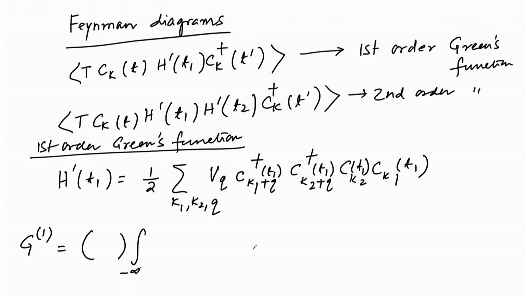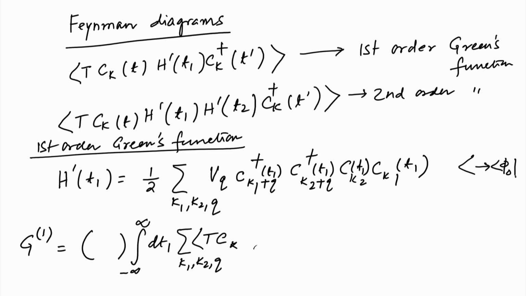There is an integral from minus infinity to plus infinity over the internal time, and the sum over K1, K2 and Q, and a time ordered product of Ck. When I write this, it means there is a phi 0, the non-interacting ground state, which is implied.